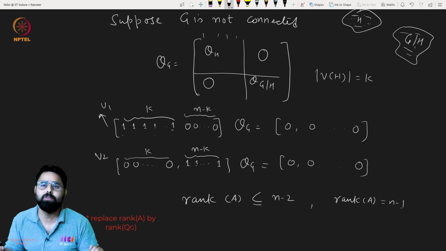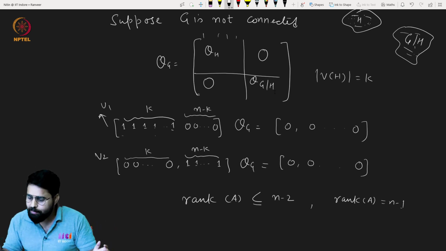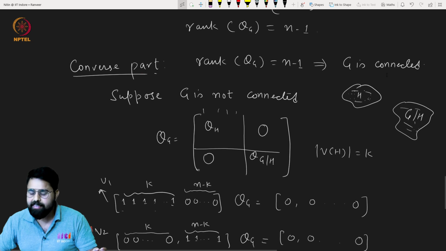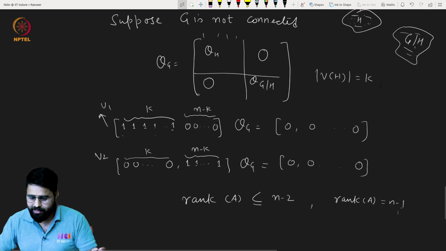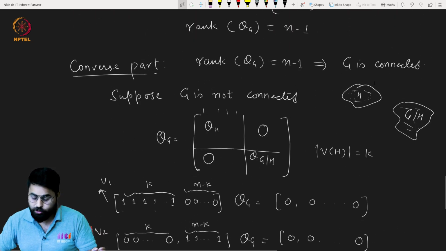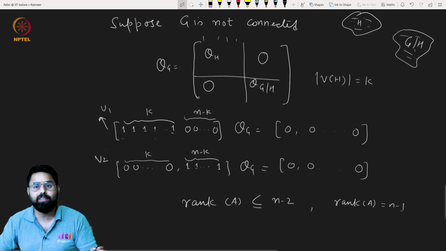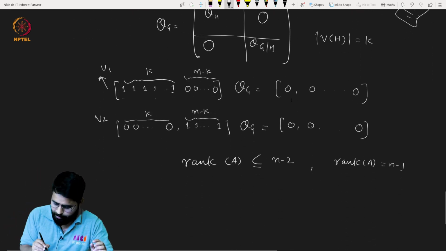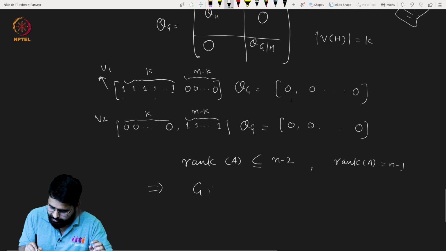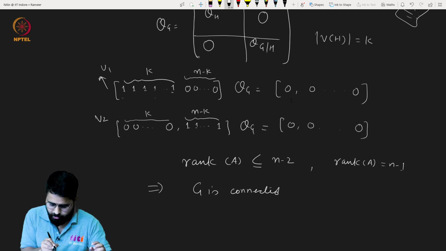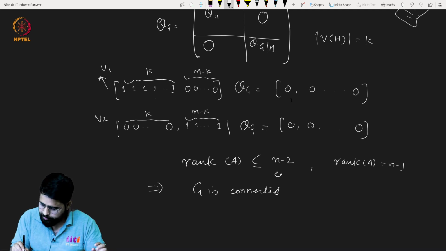It said it could be at most n minus 2, it will never reach. That means our assumption that G is not connected is false. This implies G is connected. Contradiction.